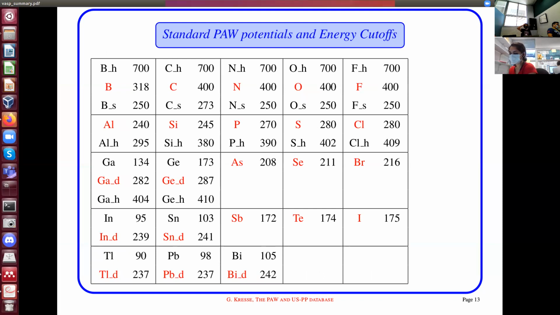And here you see, and probably you have seen also before when I opened the folder of Nuria, that apart from B or C, you see also some subindex. And you wonder, why do you have this? Why do you have three pseudo potentials for carbon, for instance? You should just have one, right?